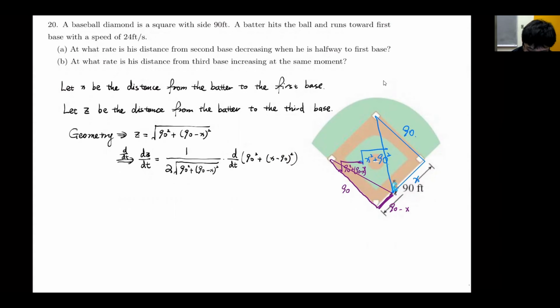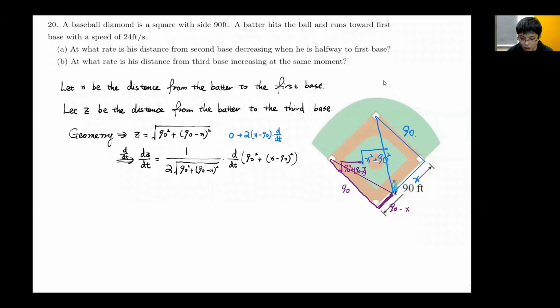Now let's compute the derivative of the inner function. The derivative of 90 squared is simple. It is simply going to be 0. For the derivative of x minus 90 squared, we need to use another round of the chain rule. It will be the square function as the outer function and x minus 90 as the inner function. The chain rule tells me that the derivative is 2 times the inner function times the derivative of the inner function.